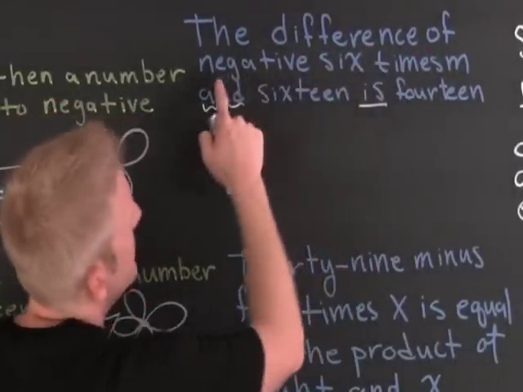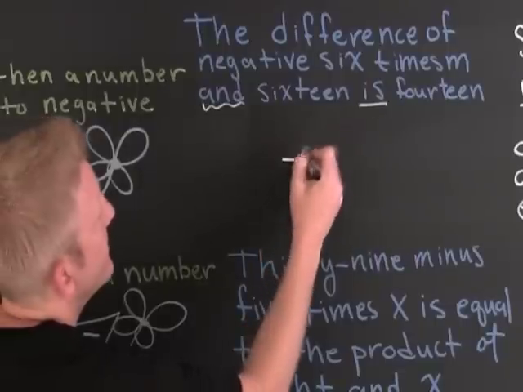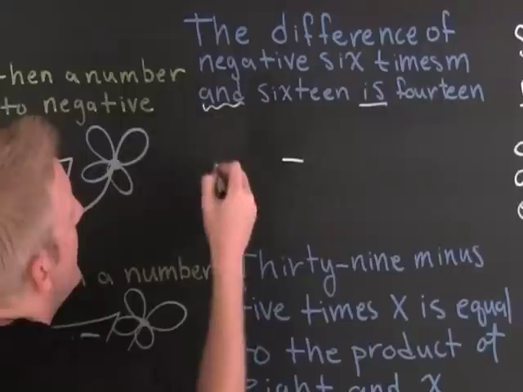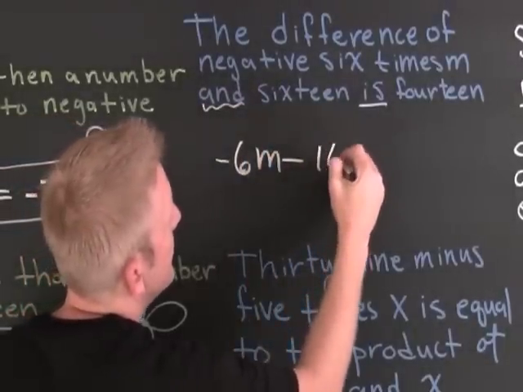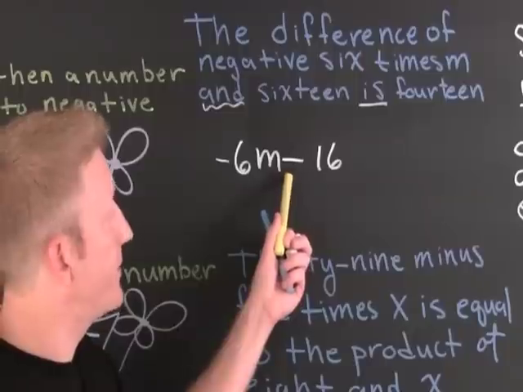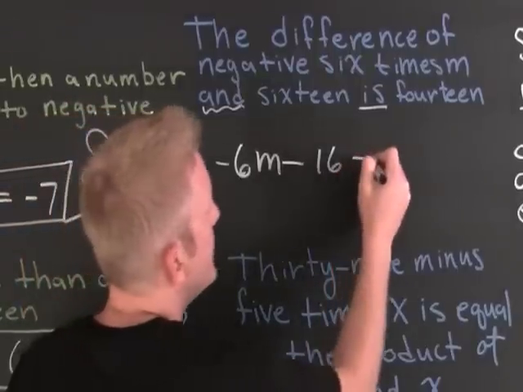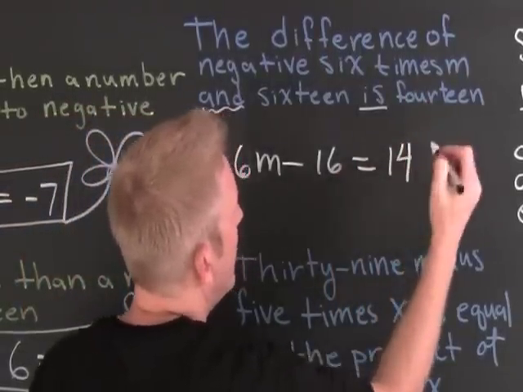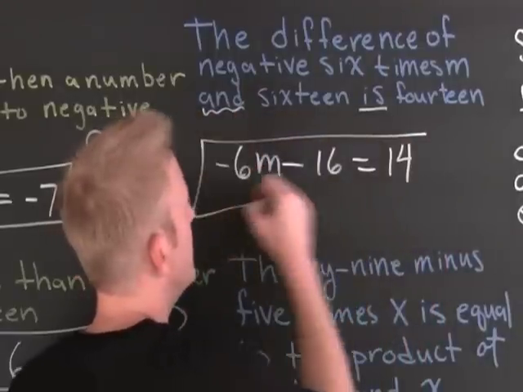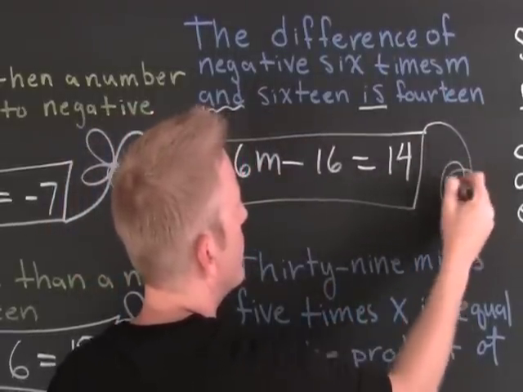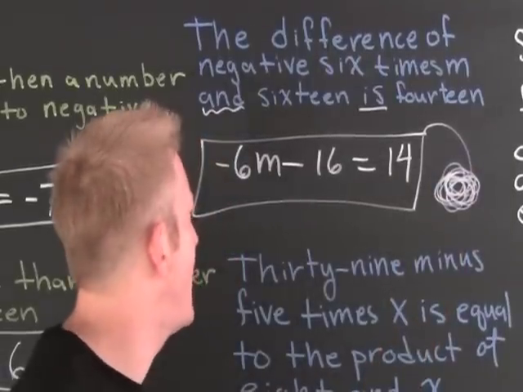That's the difference of what and what? -6m and 16. Great. Does that look like the difference of -6m and 16? Yes. Is 14. Okay. Oh man. And a flower.